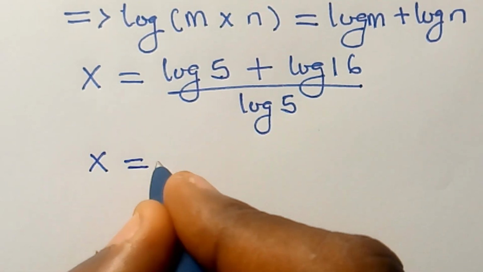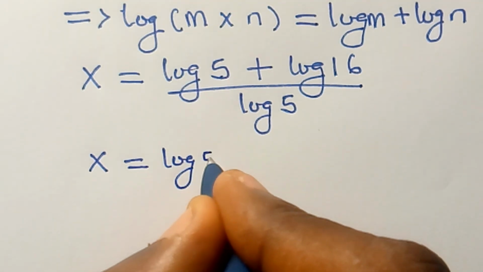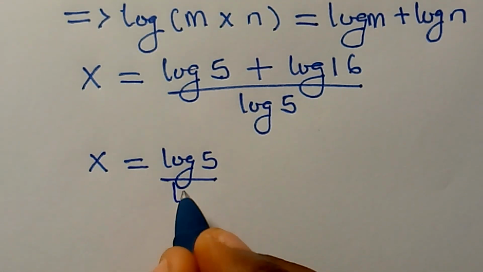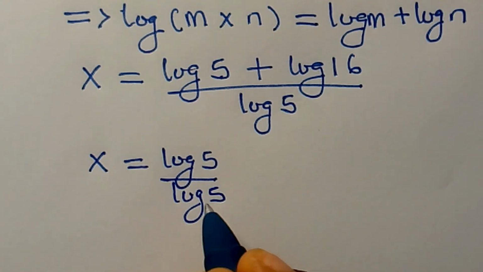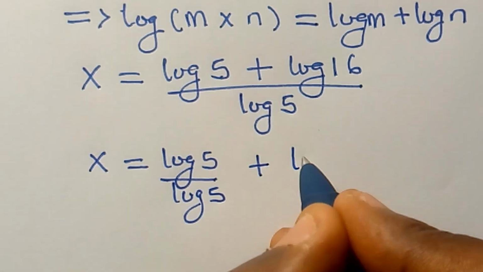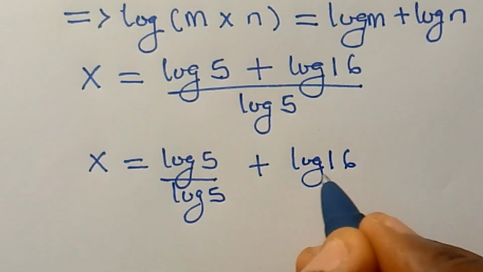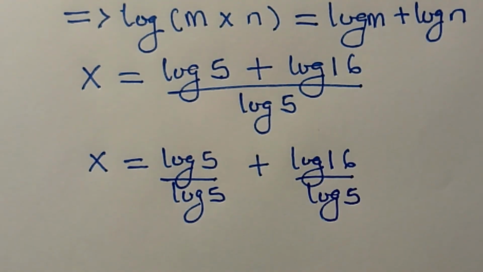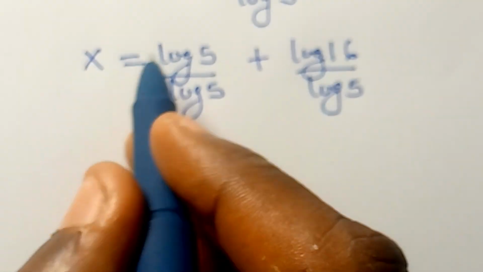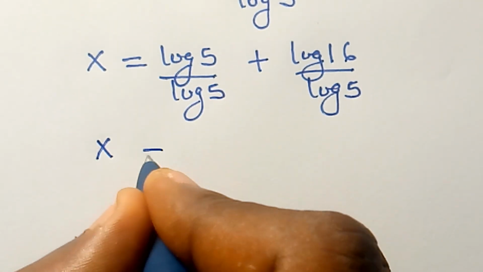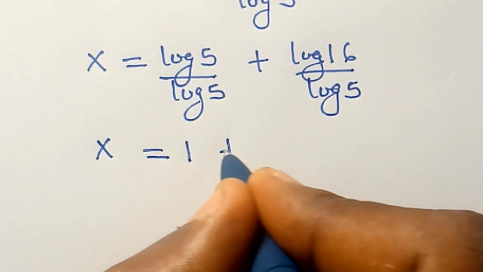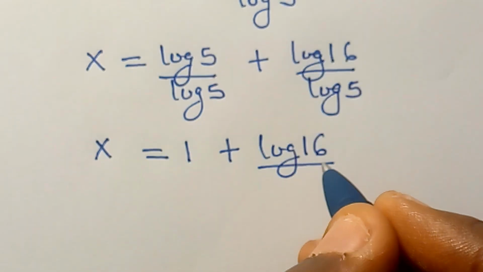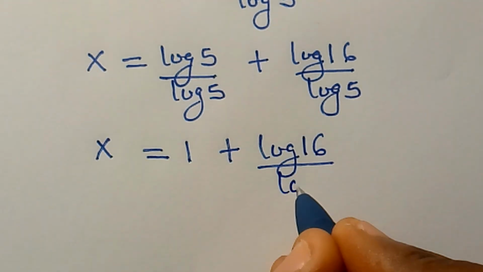We'll have x equals log 5 divided by log 5 plus log 16 divided by log 5. Log 5 divided by log 5 will give us 1. So we have 1 plus log 16 divided by log 5.